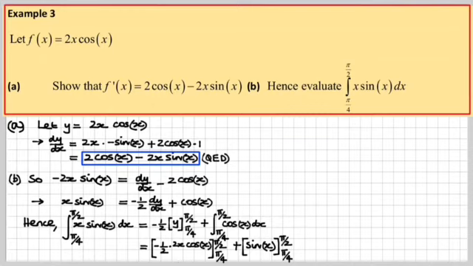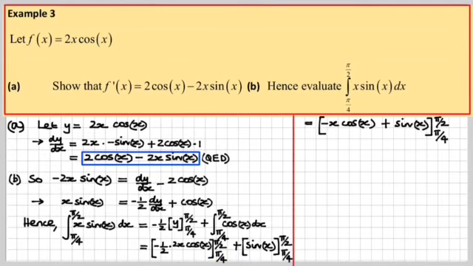So all we've got to do now is go through the process of evaluating these things here, and we're done. So it looks like minus x cos x, I'm putting them in the same bracket here just to avoid it looking so ugly, plus sine of x, evaluated from pi on 4 to pi on 2. This is going to be a snap.